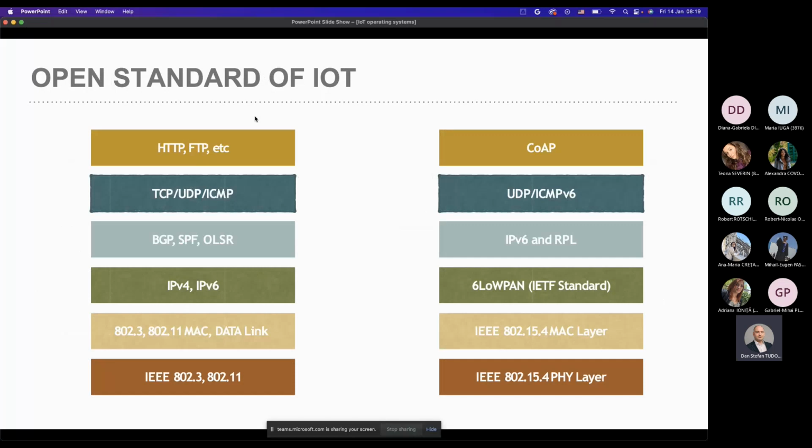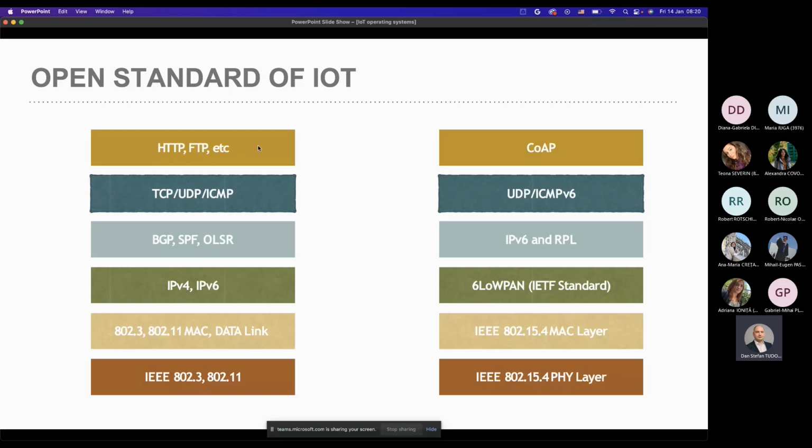Now, as standards for IoT, I just wanted to make a brief comparison between, let's say, the standards that are used for computers, so PCs and desktops and so on, at each layer of the protocol stack, and then do a brief comparison with what we are seeing in IoT land, so to speak. So we have different protocols.